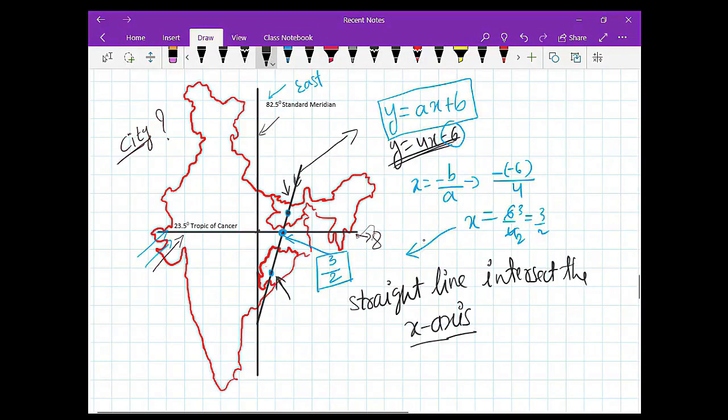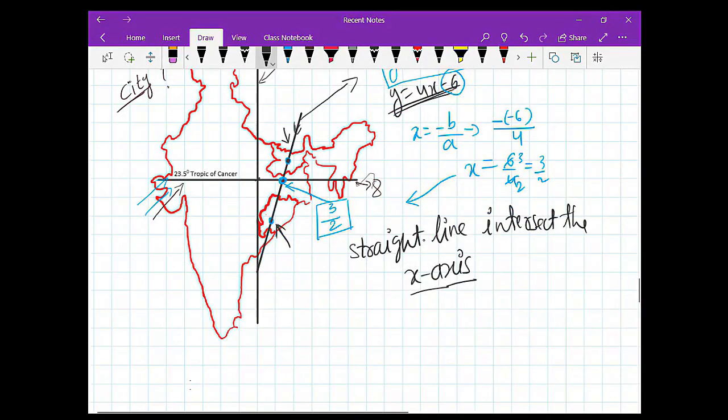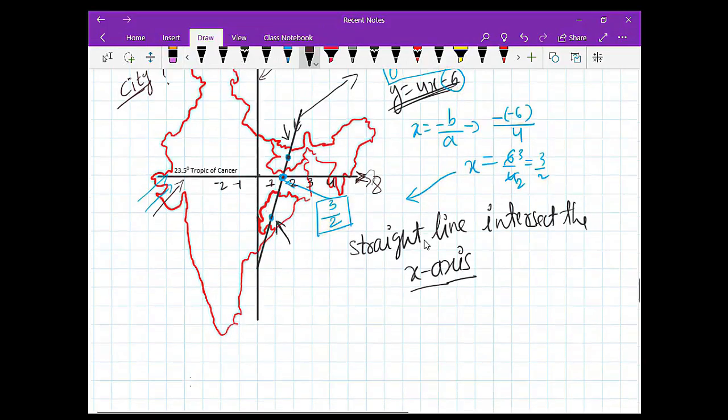How do we represent it on the graph? See, on the graph, the x coordinates here are 1, 2, 3, 4. This is the positive x-axis. Here it is minus 1, minus 2, minus 3, minus 4.